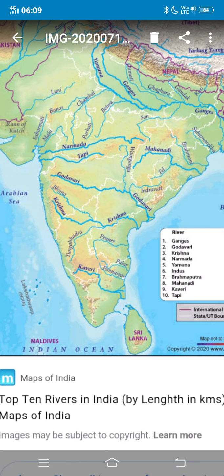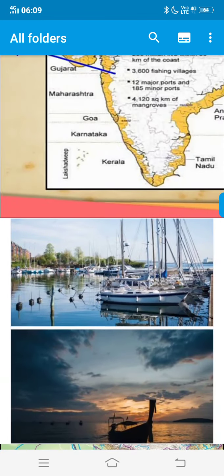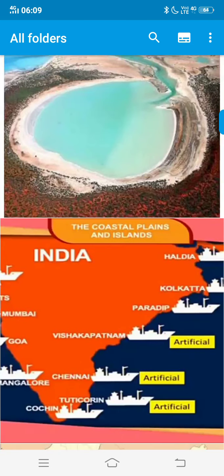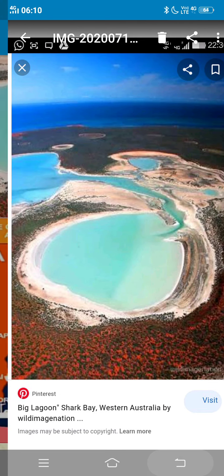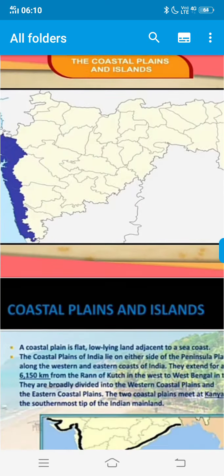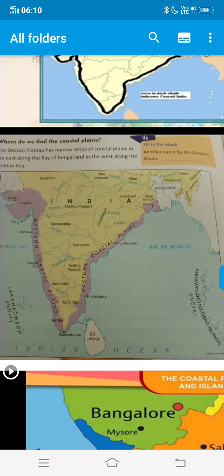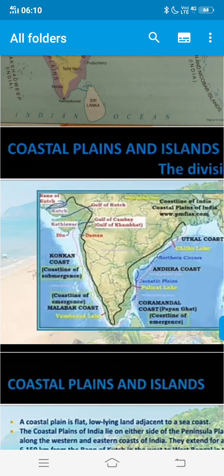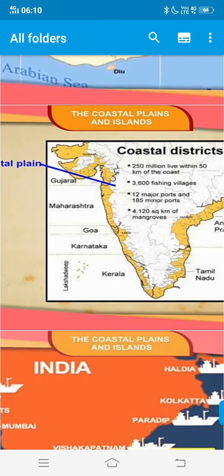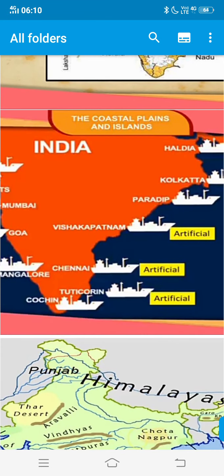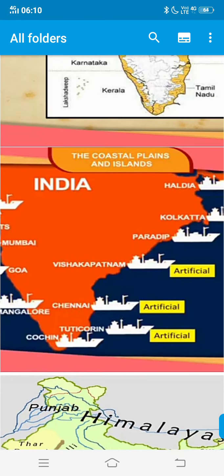I'll share a picture of the harbor here. You can see how they look. Here are the harbors. You can remember the difference between a port and a harbor. In a port, we usually have all the facilities for loading and unloading goods, whereas we don't have any such facility in harbors.